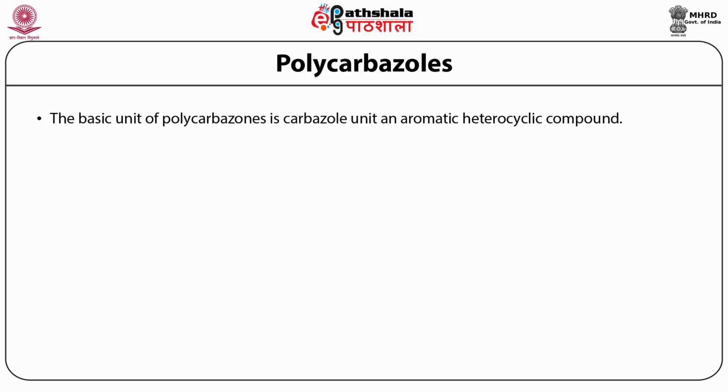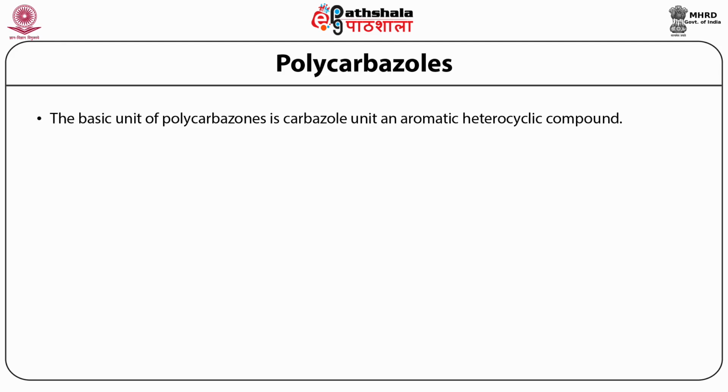Some of the attributes are the low cost of 9H-carbazole and the fully aromatic nature of the unit, leading to better chemical and environmental stability. Besides, from the chemistry basis, one can easily replace the nitrogen atom with a wide variety of functional groups.